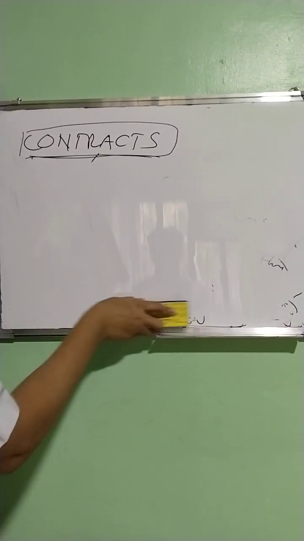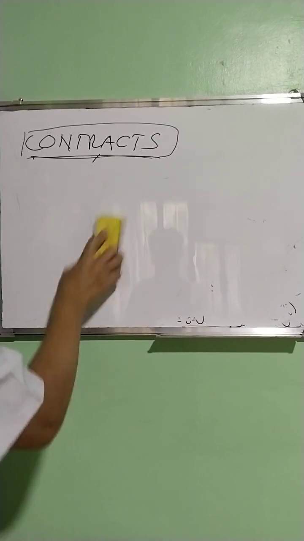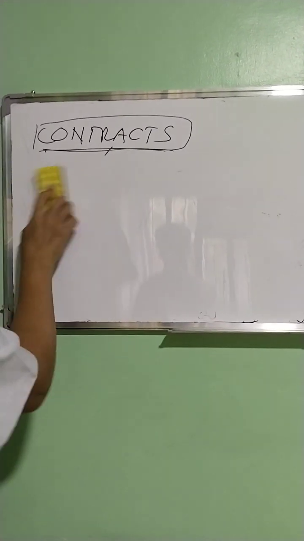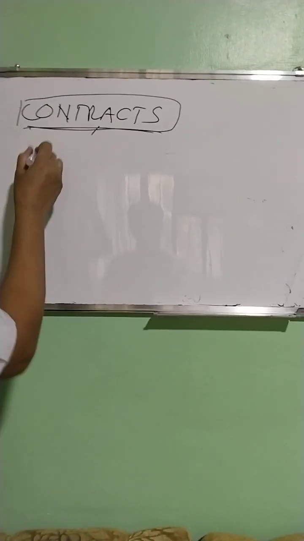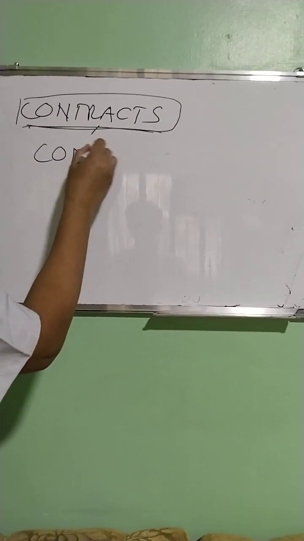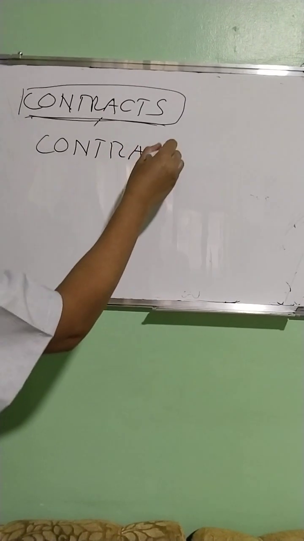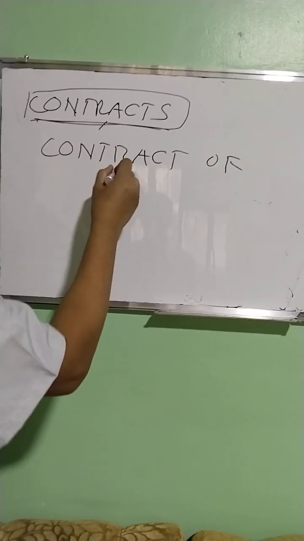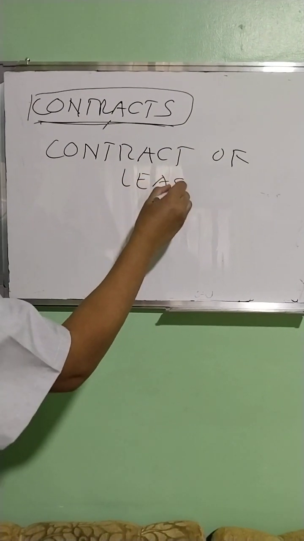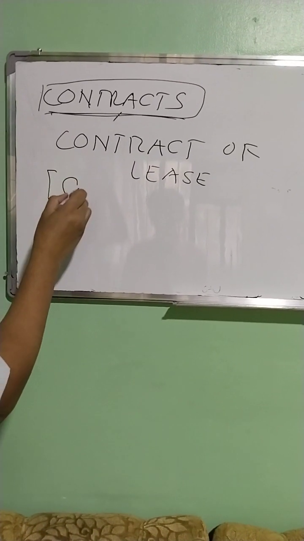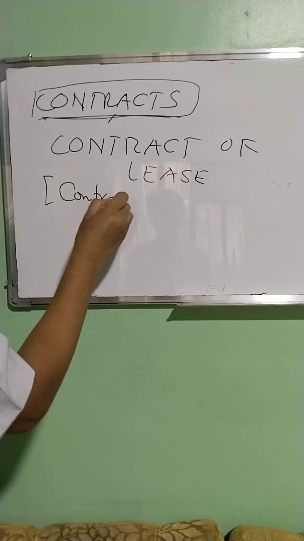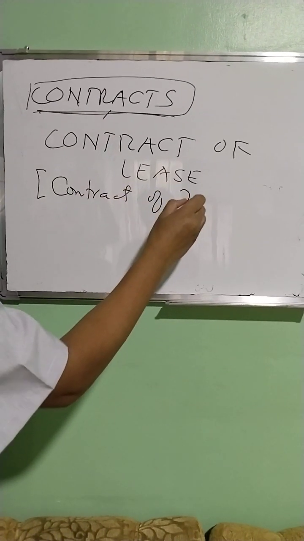So I will not dwell on this matter anymore. Let us just take an example of a contract, say, a contract of lease. You are leasing an apartment, for instance. In some jurisdictions, they call it a contract of tenancy.